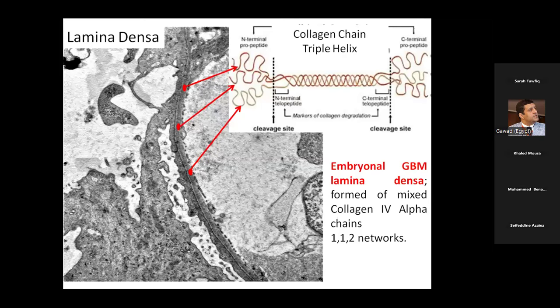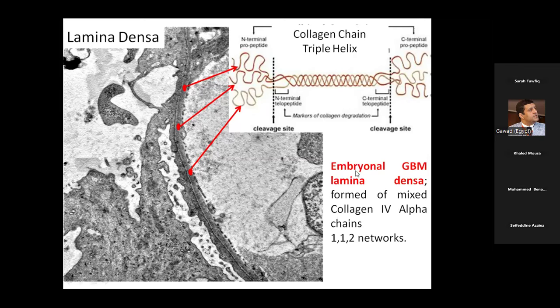Lamina densa is made up of what? Of the famous collagen 4 alpha chains. The diagram shows us that it is formed of a triple helix of collagen chains.